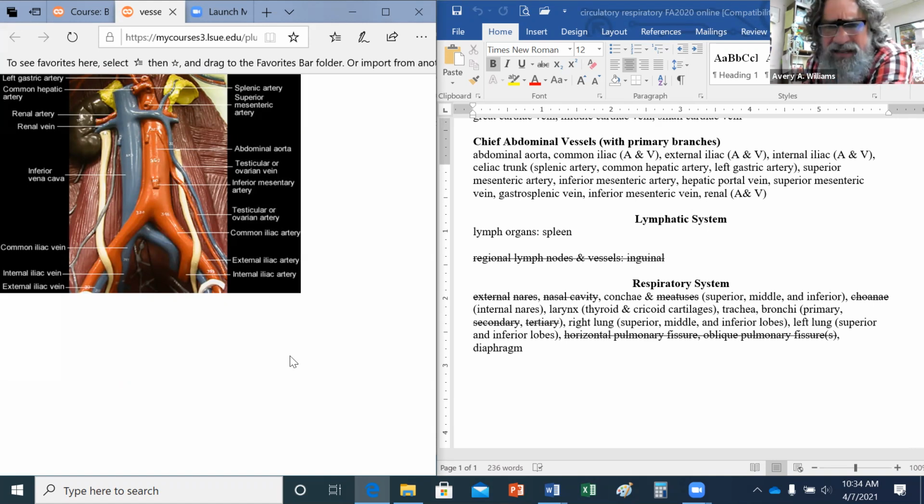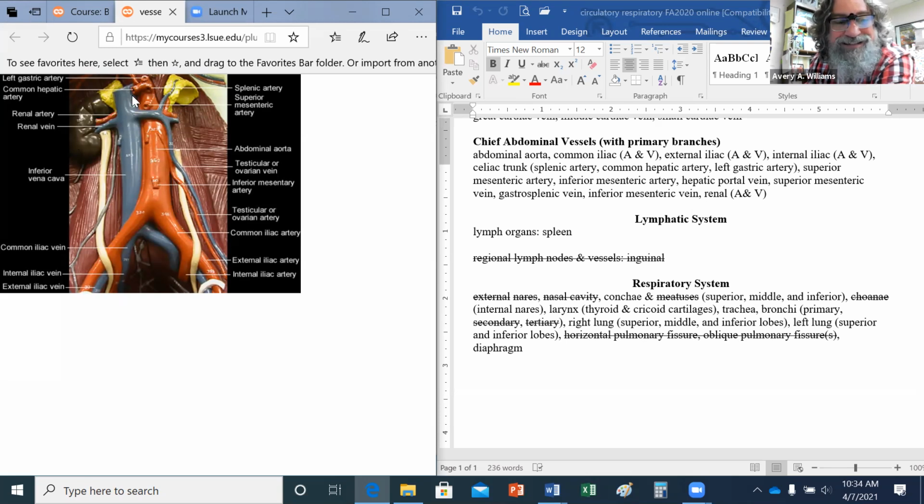But they don't really show you celiac trunk as much as they do the branches of it. But right here, this is what happens in all mammals. All mammals have a diaphragm, and only mammals have a diaphragm. And the first thing the abdominal aorta does is it produces one of three unpaired branches. Here you go, a branch here, a branch here, and a branch here. These are the 1, 2, 3 unpaired branches.